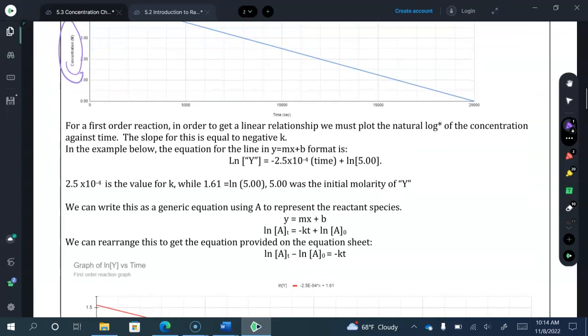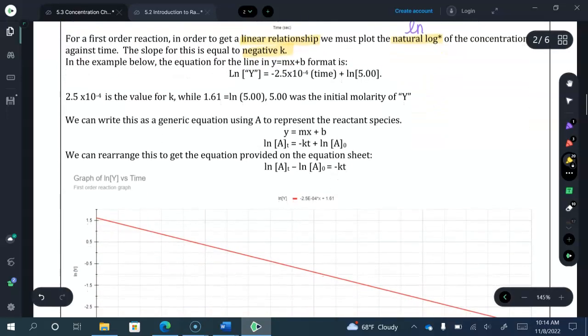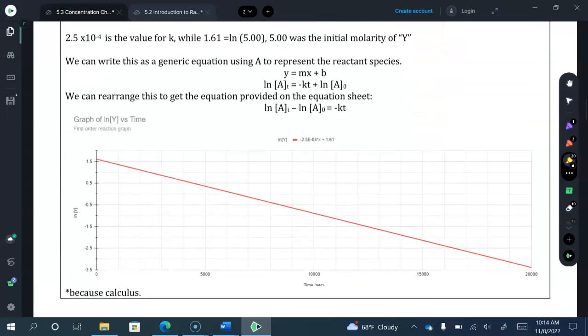So in the first order reaction, in order to get a linear relationship, you plot the natural log, or ln, of the concentration against time. This slope is equal to negative k. So if you take the natural log of your y and it produces a negative linear line like the one that's shown here, that is first order.